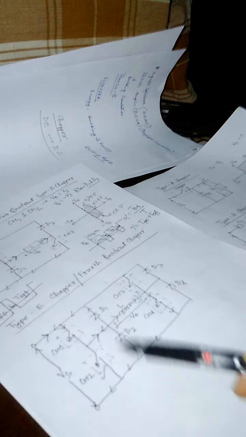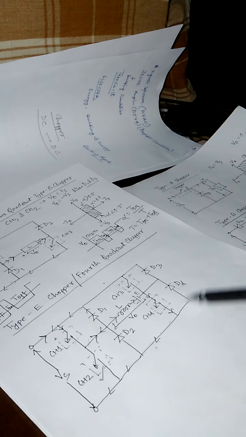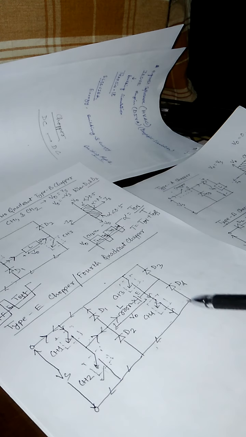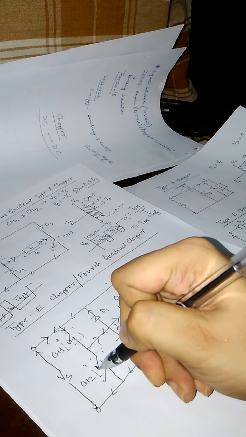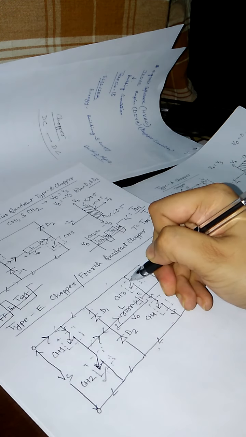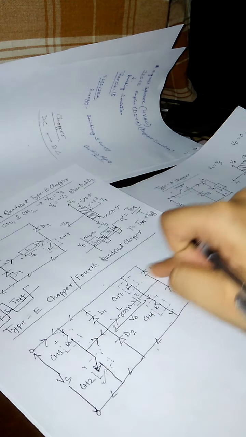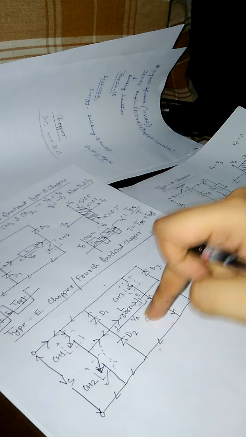Here the source voltage is going to feed the load in the reverse direction. That means the polarity of the voltage is going to be reversed, because CH2 is on and CH3 is in operated mode, and all the other circuit parameters are now in non-conducting mode.